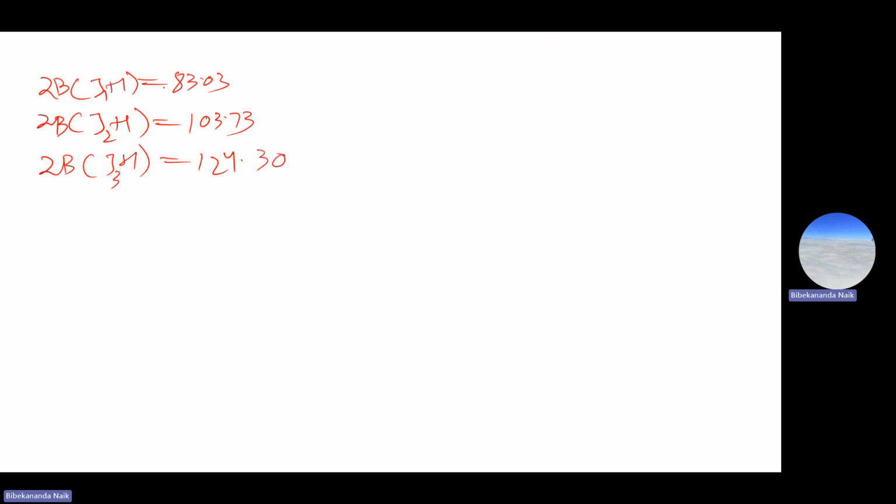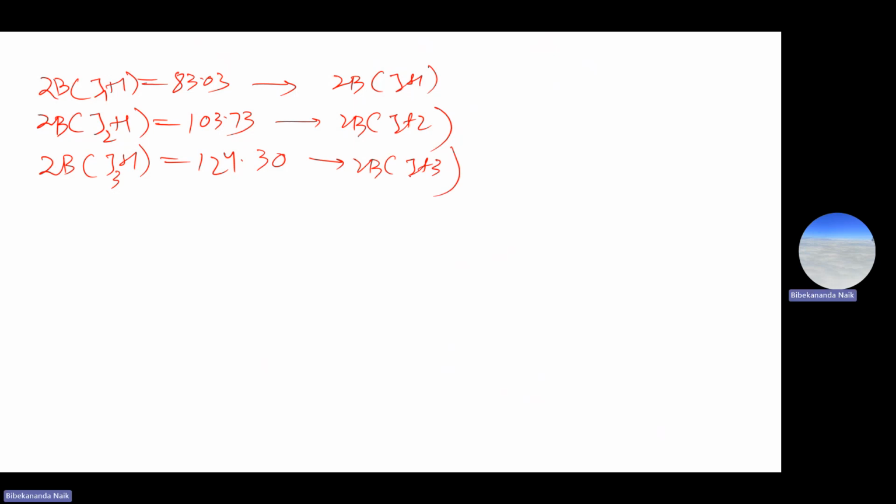Now this can be written as, we'll take J1 equal to J, so it will be 2B into J plus 1, 2B into J plus 2, 2B into J plus 3.